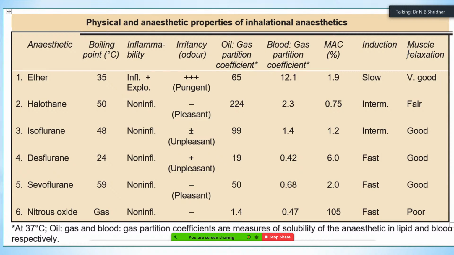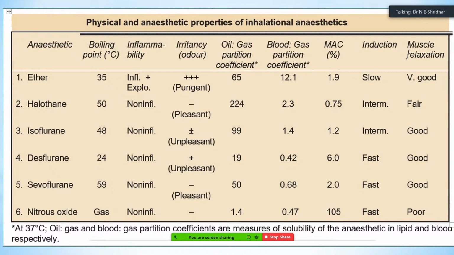The blood gas partition coefficient is 12.1 for ether, 2.3 in the case of halothane, 1.4 for isoflurane, and lesser values for the other anesthetics. So the induction of ether is somewhat slow, halothane is intermediate, whereas desflurane and sevoflurane are very fast, along with nitrous oxide. Induction of nitrous oxide is very fast because the oil gas partition coefficient is very low and the blood gas partition coefficient is also low.